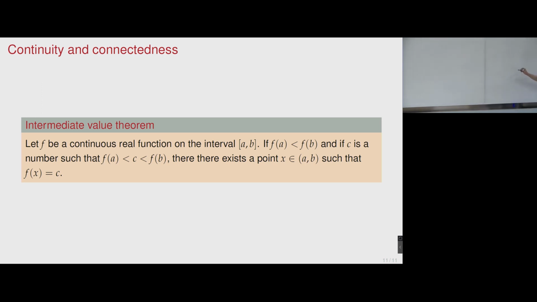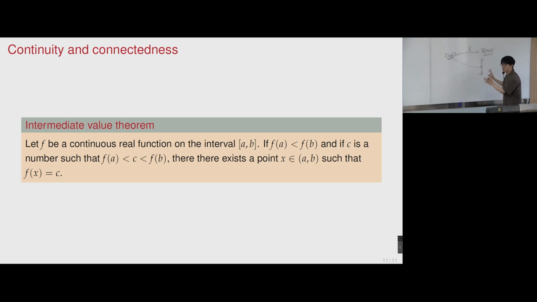You can see [a,b] as the domain. This is connected, right? So if the function is continuous, f([a,b]) is going to be connected. Let me write it as y. Because [a,b] is connected, the values f([a,b]) are going to be a connected line, so there has to be some x that goes here.